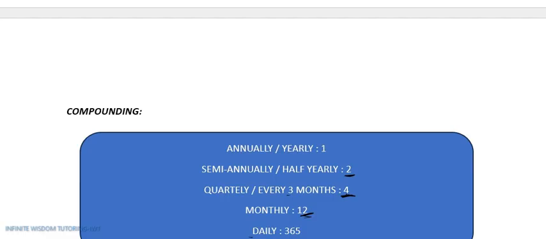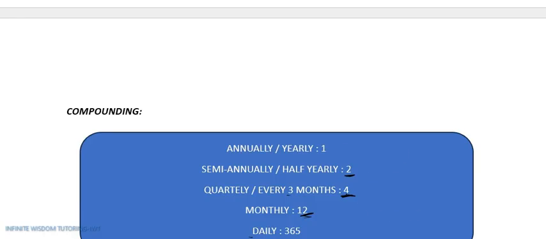If they say semi-annually, wherever you see n, you multiply by 2, wherever you see i, you divide it by 2. When they deal with quarterly, wherever you see n, you multiply by 4, wherever you see i, you divide it by 4. So these are the compoundings.